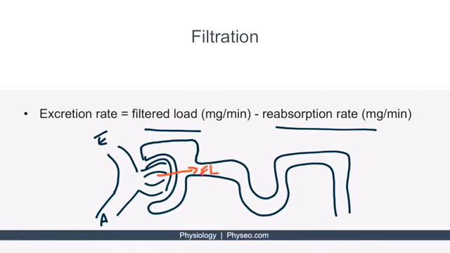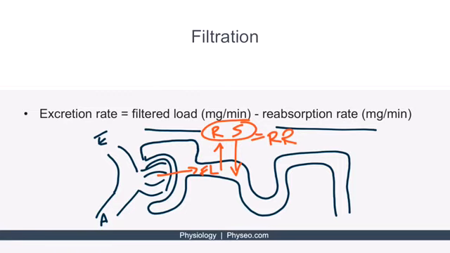The amount that is taken from the lumen of the nephron back into the blood is called reabsorption. The amount that is moved from the blood into the lumen of the nephron is called secretion. It's important to note that reabsorption and secretion are collectively referred to as the net reabsorption rate, or simply reabsorption rate. I'll talk about this more on the next slide.